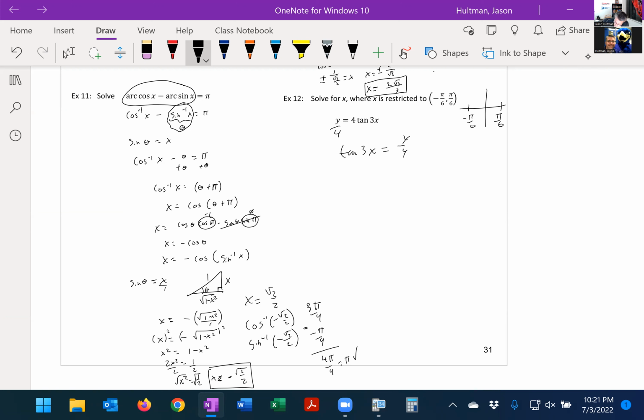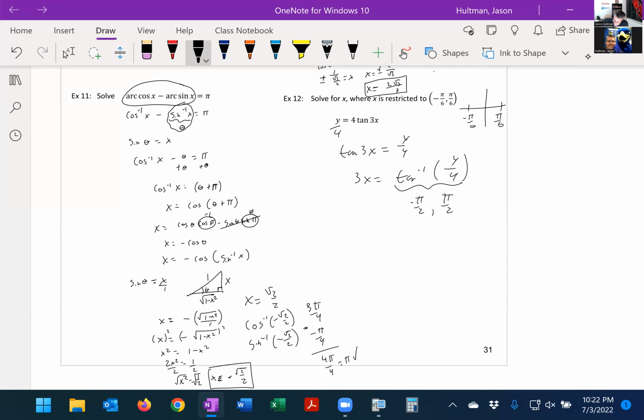And so 3x is equal to the inverse tangent of y over 4. Now, what's the domain on this thing? The range, I should say, the output of that goes from negative pi over 2 to pi over 2. So that's why they restricted x to that domain, because the inverse tangent has pi over 2.